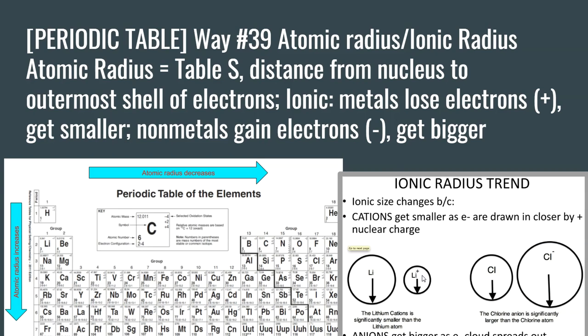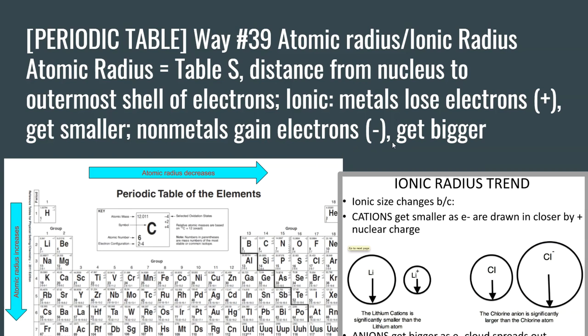If we're talking about nonmetals or anions, chlorine has 7 electrons in its outer shell. If we add 1 more electron, electrons are going to repel each other because they're negatively charged. Thus, adding more electrons to nonmetals is going to cause the size of the atom to get bigger. So in general, metals lose electrons and get smaller.